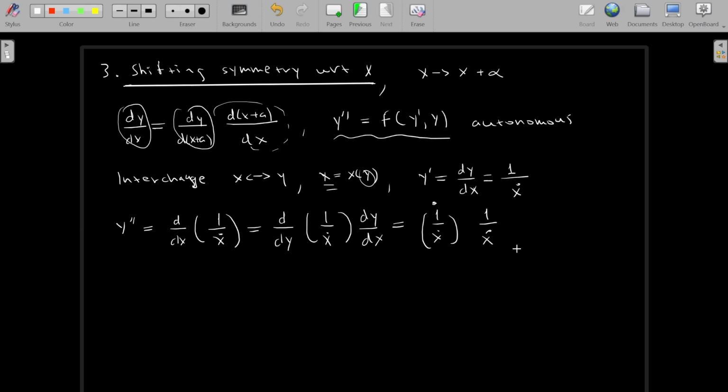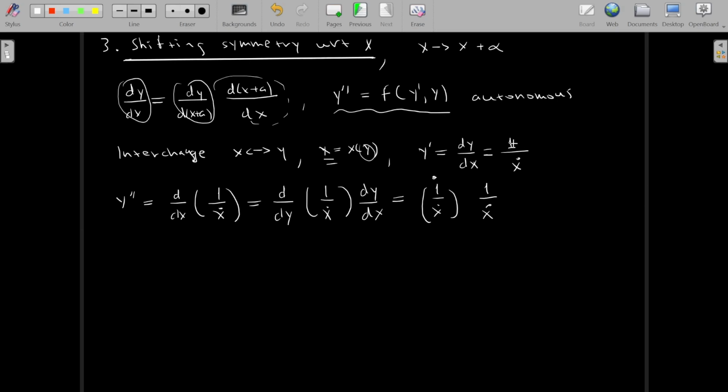Now we can go ahead and set this. We said that this is just a function of y, since the new dependent variable is x. So setting this to u, let's say you set this to u of y, so this is just u dot and u, right?